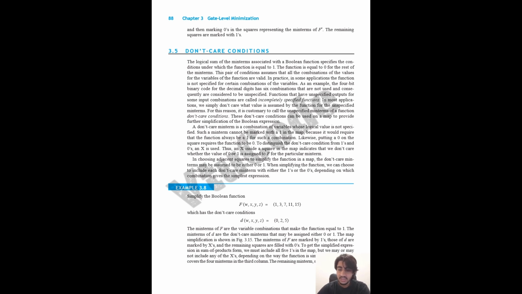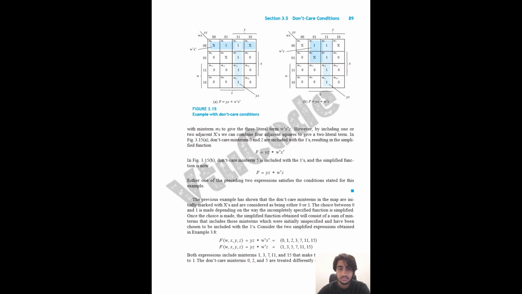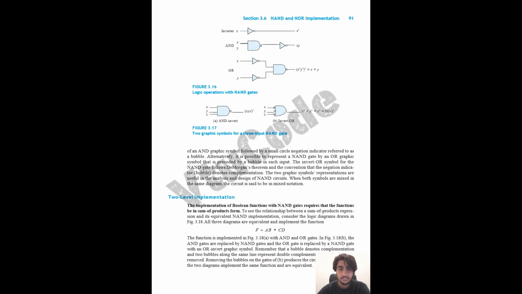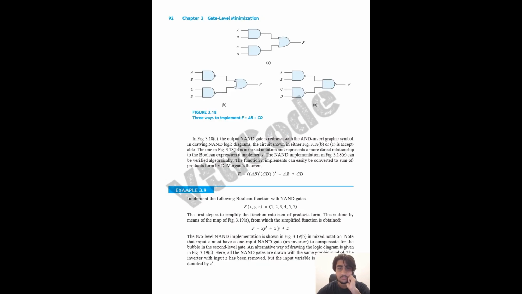So now one thing which I want to discuss here. Okay, here looking at this example, suppose after simplification of the K-map, we get this as the expression.